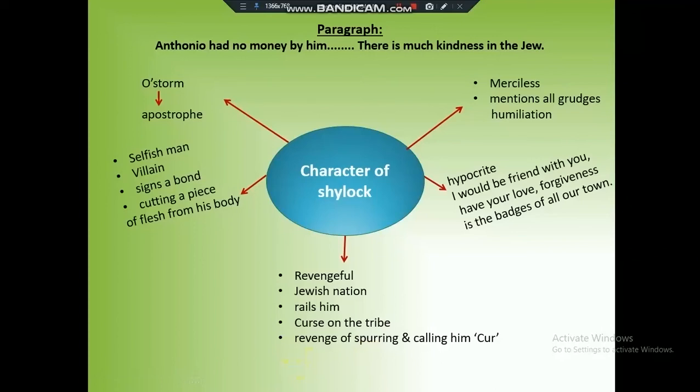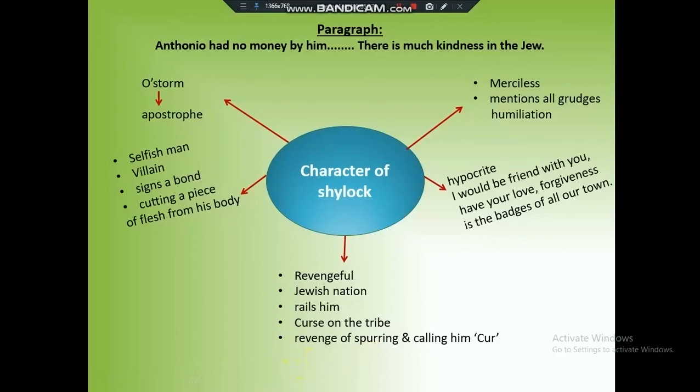He should not have called Shylock a dog, should not have kicked him at his back, should not have insulted Shylock in front of all the people in the market. This was the attitude that developed more hatred and prejudice in Shylock against the Christian nation and specifically against Antonio.